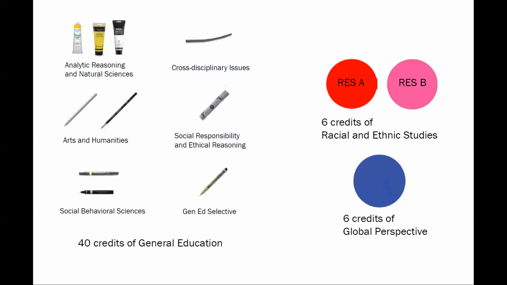sometimes in a Res A or a Res B category, there might be some printmaking ink that's red. We don't need printmaking ink because it's not on our Gen Ed list, right?